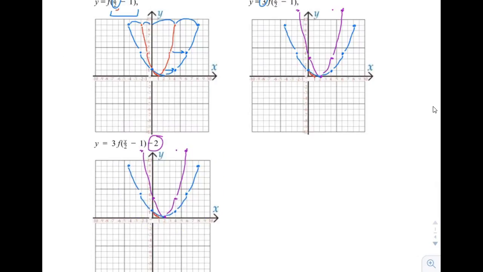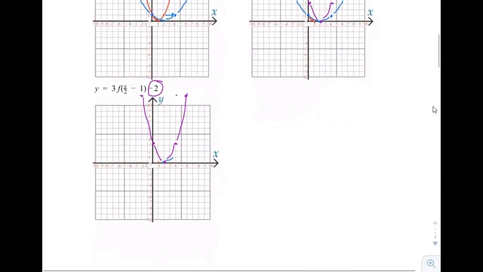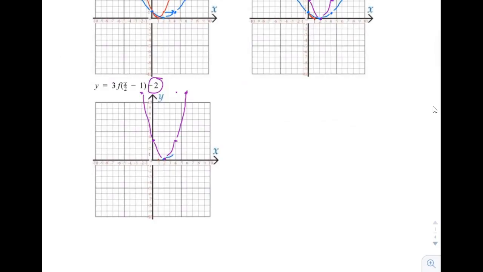And then I'm going to erase everything except for the purple part. Okay, and then I'm going to move it down by 2. I think the easiest way to do that is if I just copy. Okay, so I'm going to move it down by 2. Right there. Okay?